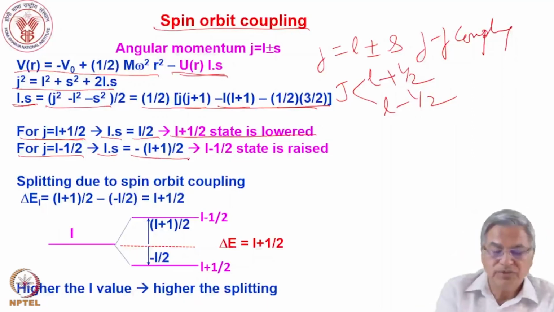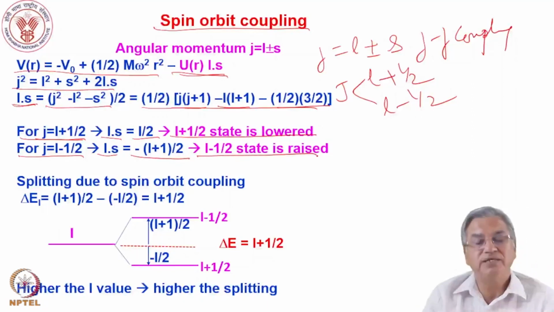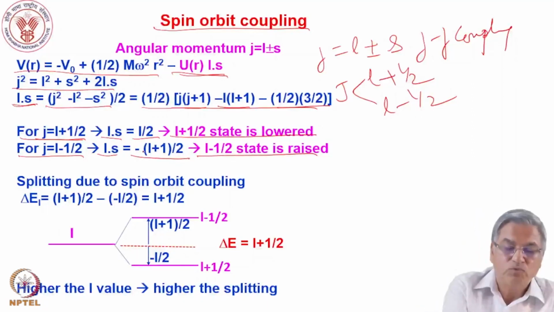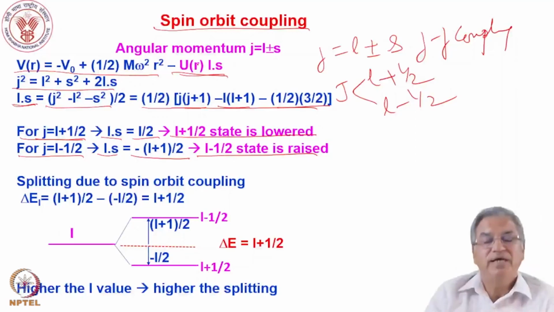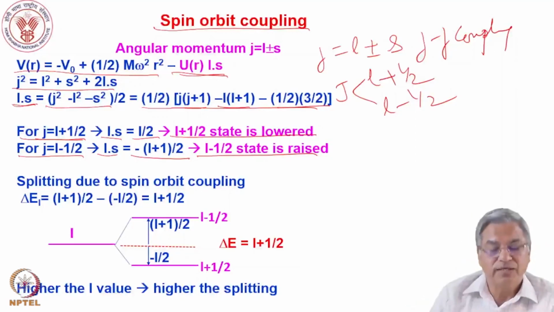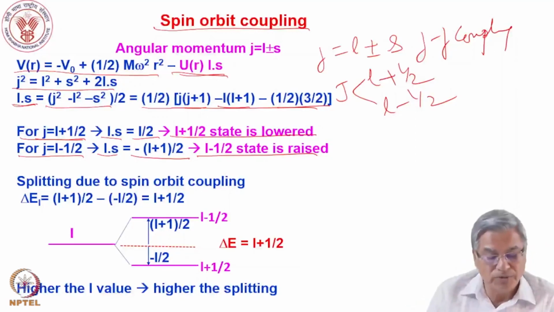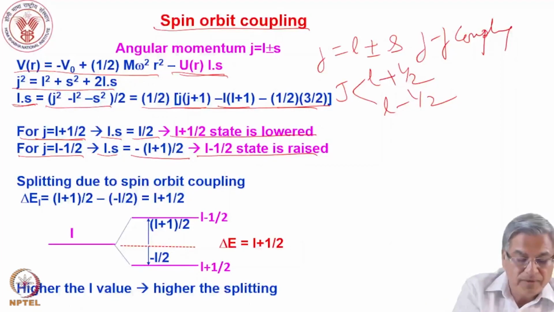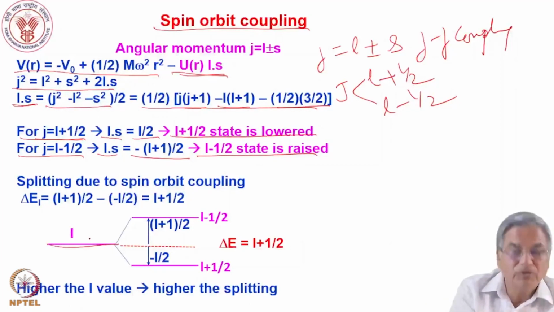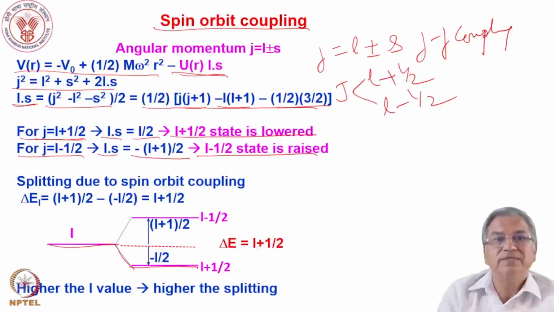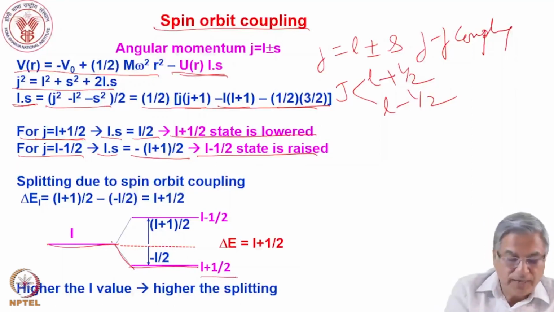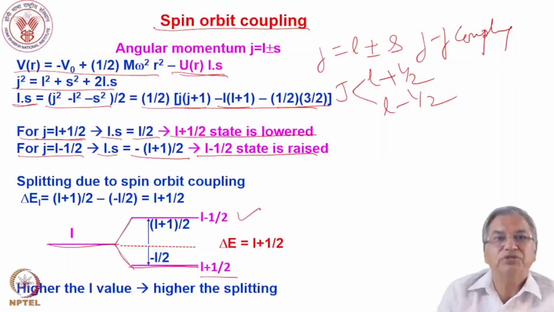The minus one will become plus, and so the L minus half state is raised. So the net result of spin orbit coupling is that a particular L state splits, with L plus half being lowered and L minus half being raised.